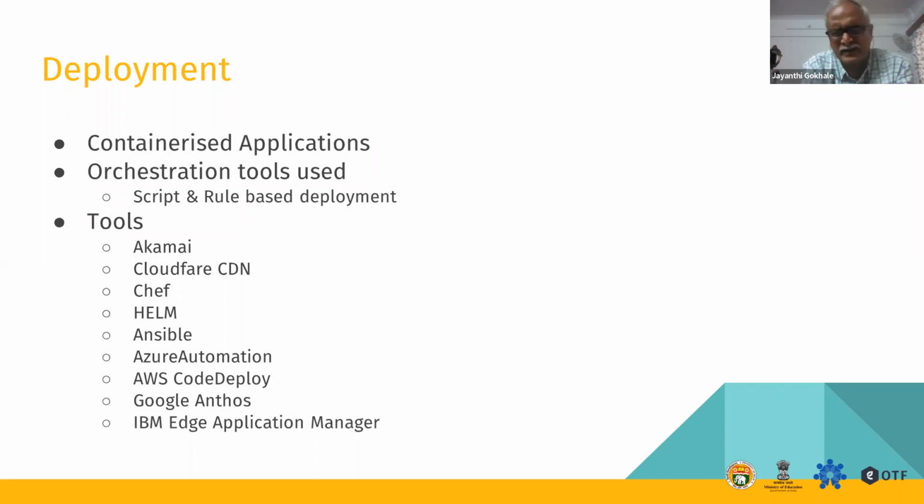These regular tools can very easily be used in the context of a cloud infrastructure as well. I've put up a bunch of tools which are available, like Akamai, Cloudflare CDN, Chef, Ansible, AWS CodeDeploy, and Google's Anthos. All these are classic examples of tools which can be very easily integrated into your edge data center.